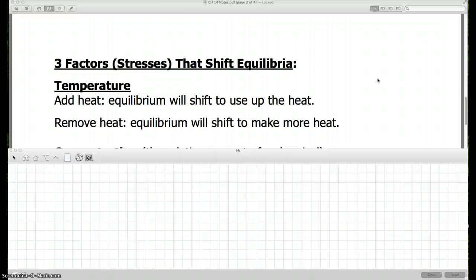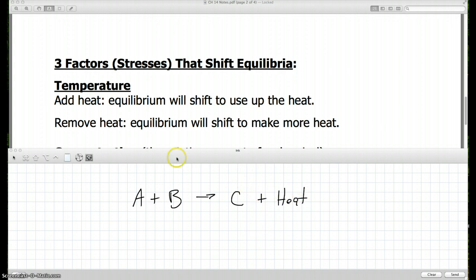So if you think about it, we have a reaction that is perfectly happy, it's balanced: A plus B makes C and some heat. Just to review, that would be an exothermic reaction because the heat's a product.